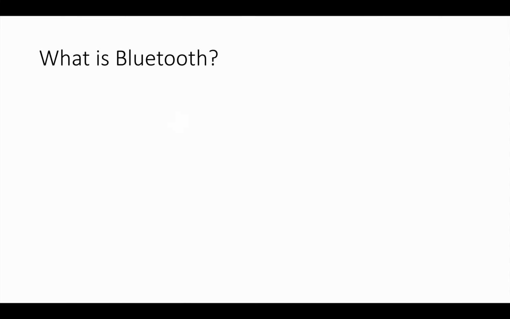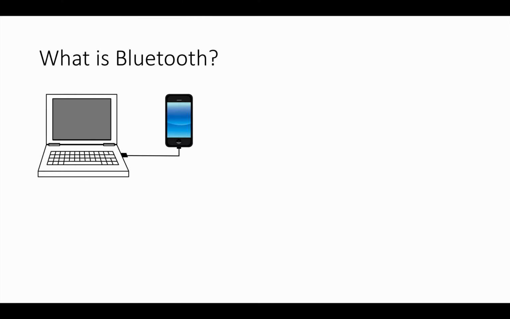Let's use an example of a USB connection between a phone and a computer. So we got our phone here, and you might be saying something like, Peyton, that's an iPhone. I thought it was supposed to be for Android. But I'm going to ask you to use your imagination and pretend it's an Android phone for the sake of this. So we got our phone and it's connected to our laptop, and through that connection, we can transfer photos or any other files from our phone to our laptop or from our laptop to our phone.